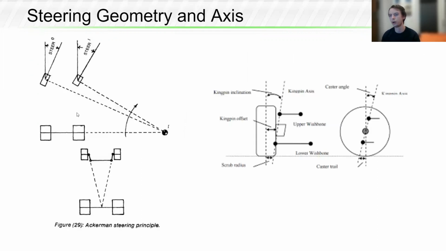So some steering geometry. This left diagram is describing this Ackerman principle. From a top-down view of the car, the radius of the turning arc between the inner tire and the outer tire is different.